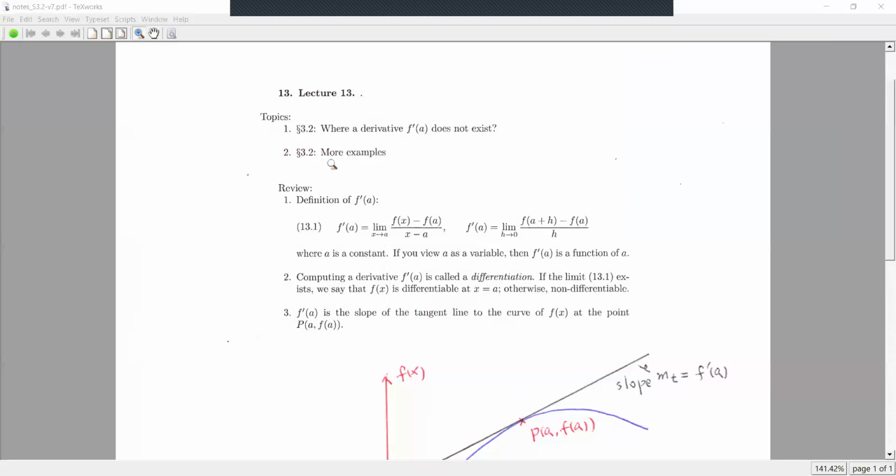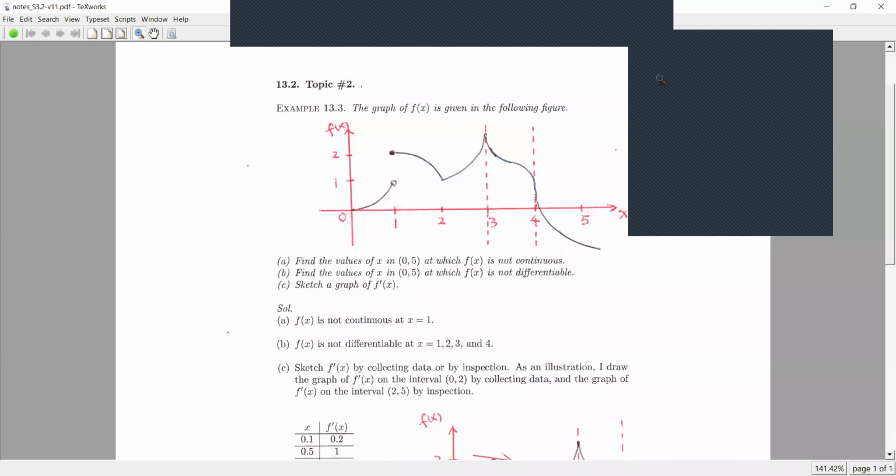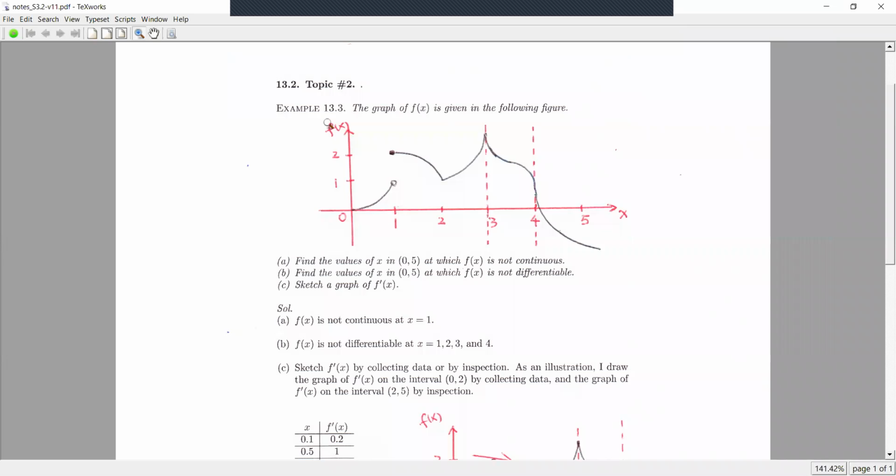Topic 2. More examples. The first example in topic 2. The graph of function f is given in this figure. Part A, find the values of x in the open interval between 0 and 5, at which the function f is not continuous.